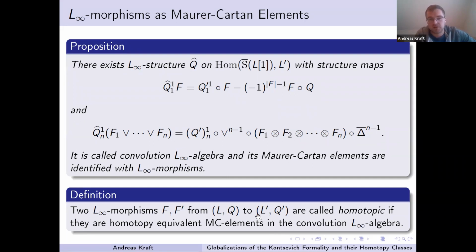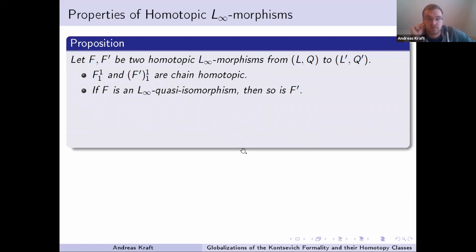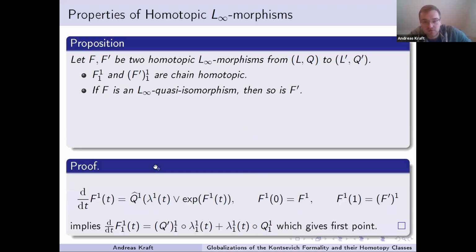Let me give you some properties. Let F and F prime be homotopic L-infinity morphisms. Then one can directly see that the 1-1 components of these L-infinity morphisms are chain homotopic in the classical sense. So if F is an L-infinity quasi-isomorphism, then the other one is too. The idea of the proof is pretty simple.